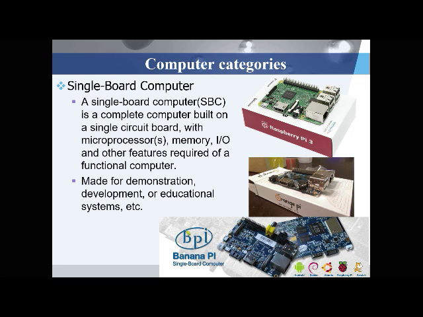Okay, so on this slide, you can see the different types of single board computers, like the Raspberry Pi. So this is called the Orange Pi. So this is called the Banana Pi. So there are different types of pies. You can choose your preferred Pi.